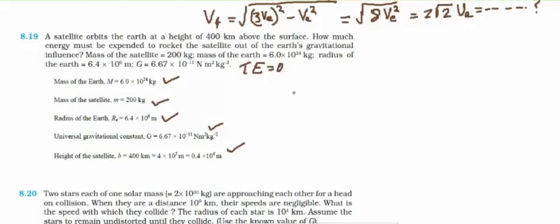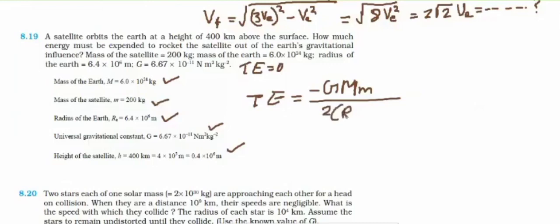So we can calculate the total energy of the satellite at present. We have the total energy formula. Total energy of a satellite is minus G M m, where capital M is mass of Earth and m is mass of the satellite, divided by 2 into (R plus h).